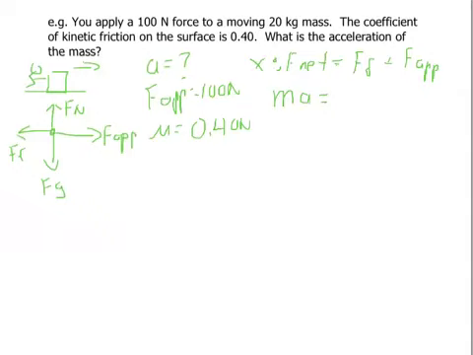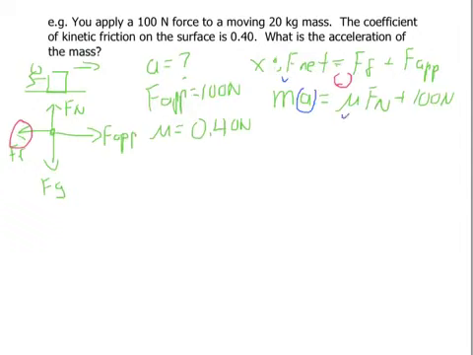Force of friction we can replace with mu Fn, and because it's acting backwards, this is going to be negative, plus our applied force of 100 newtons. We're looking for the object's acceleration.